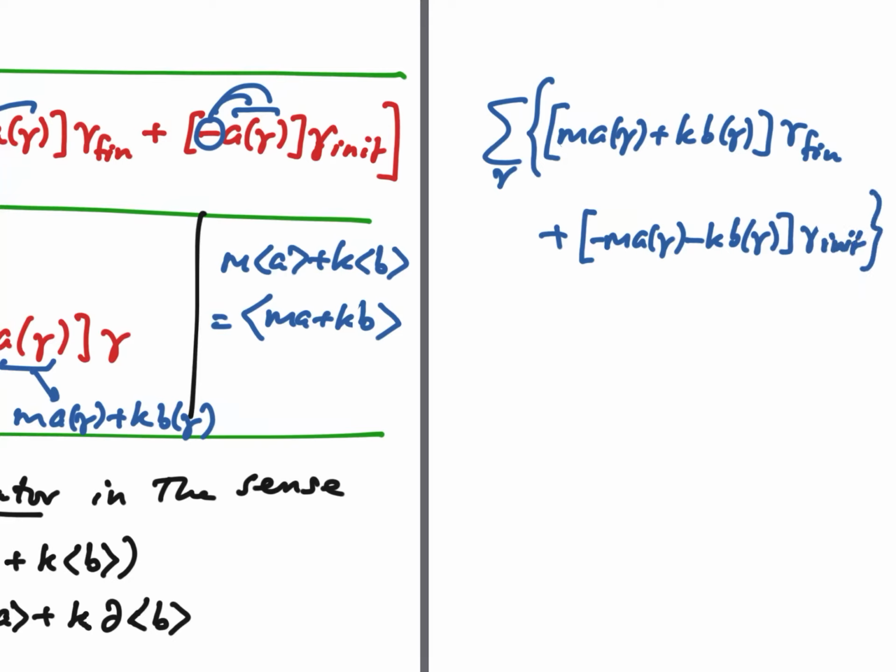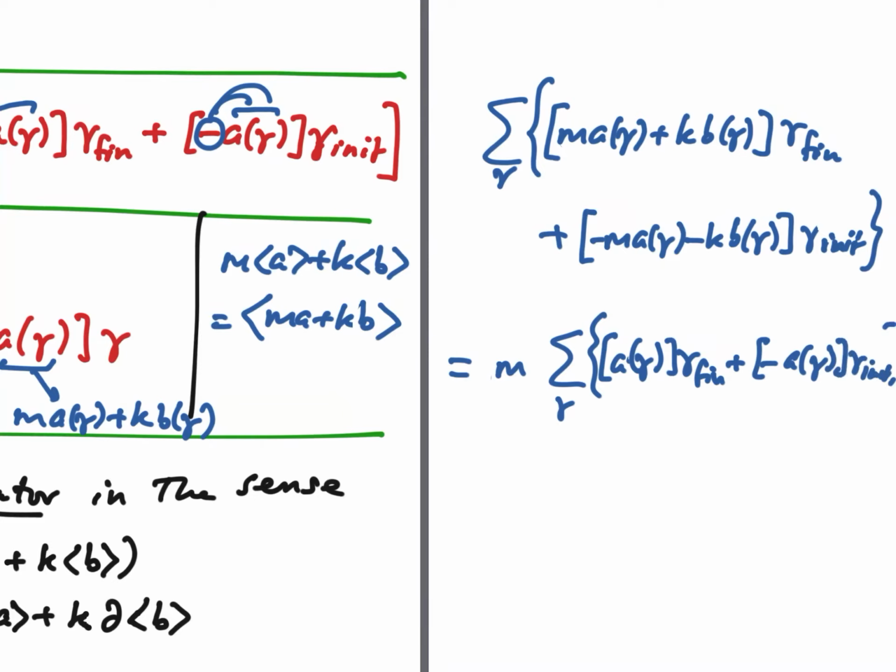Well anyway, you see now, because these are just formal sums of points, the rules of formal sums apply. And we can break this up as m times the sum of this coefficient times gamma final plus this times gamma initial. And then you'll have k times the sum, same type of thing, but with a b.